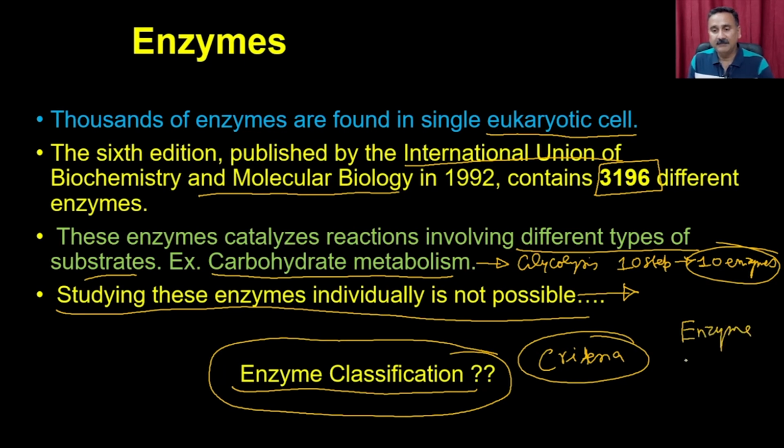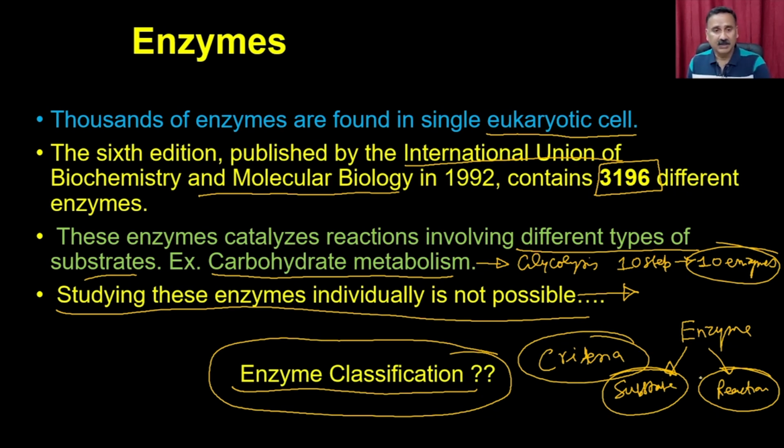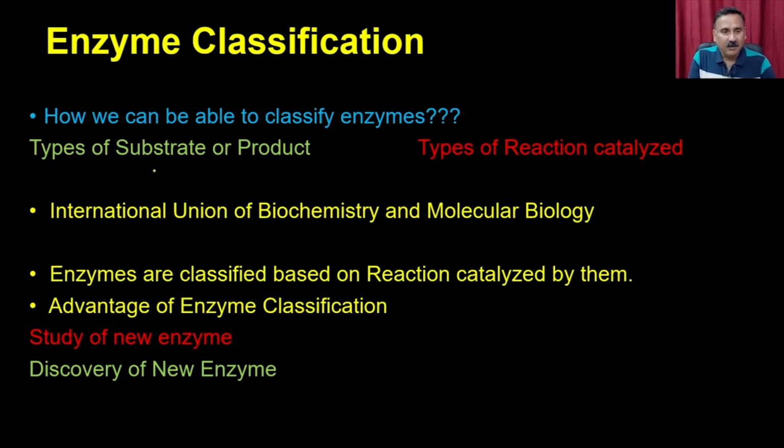One is what substrate the enzyme is utilizing, and the other is what kind of reaction it is catalyzing. Enzymes are only doing this, so the enzyme classification cannot be based on any other parameter, but only on the basis of the substrate and the reaction. So an enzyme can be classified either by the type of substrate or product it is utilizing, or by the type of reaction it is catalyzing.